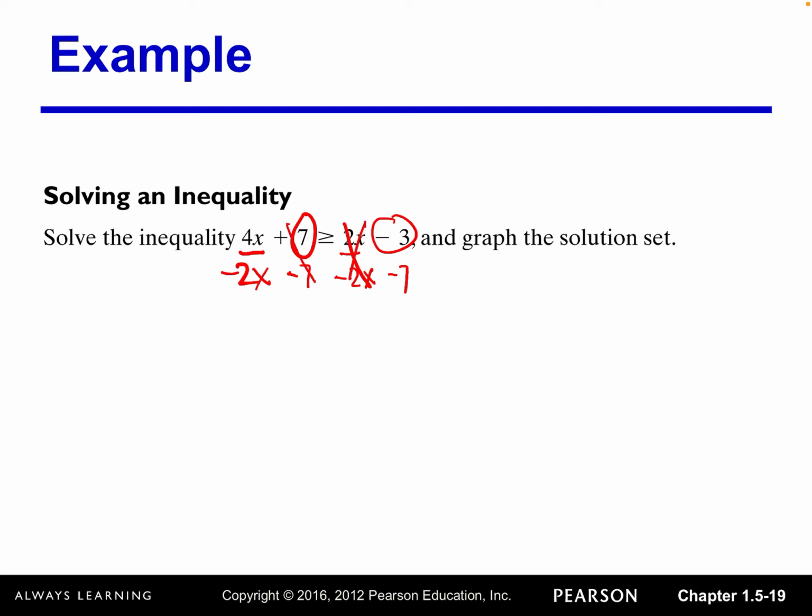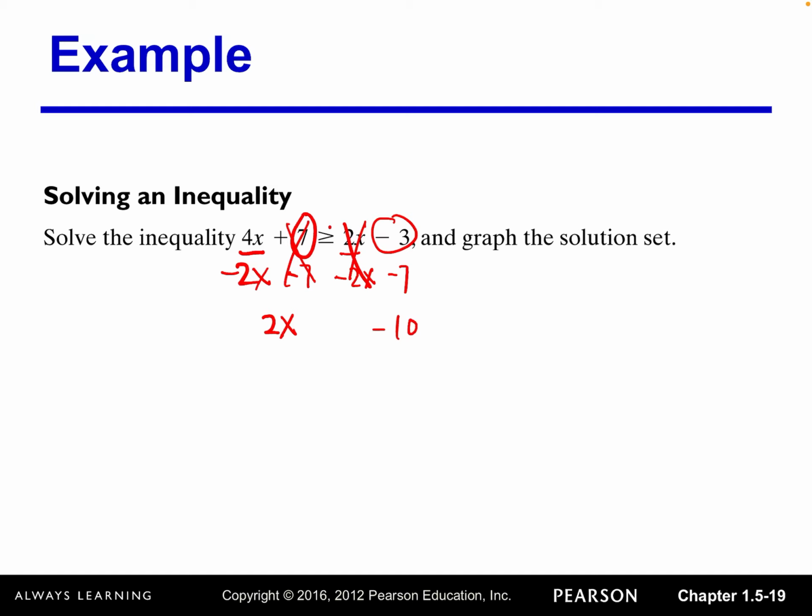What do we have? 4x minus 2x, on the left-hand side we have positive 2x, and on the right-hand side, negative 3 minus 7, we get negative 10.